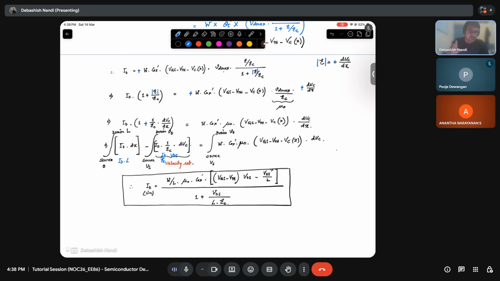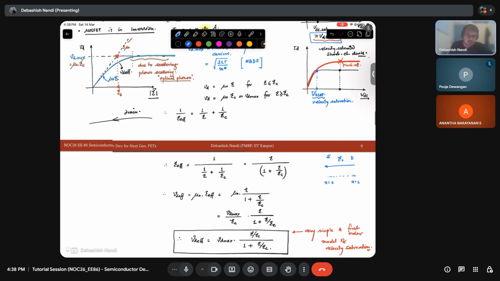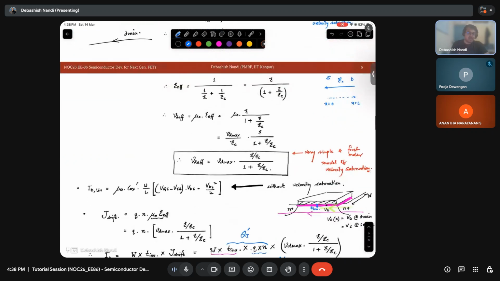The electric field is from drain to source, right? But you are considering x location to be x equal to 0, x equal to L, so the electric field has a negative sign already. Fine. So just do the mathematics.